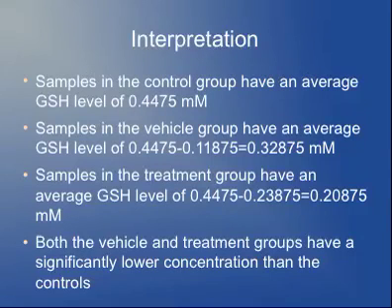Basically, as I went over before, the control group will have a mean GSH level of 0.4475, which corresponds to the coefficient for the intercept. Samples in the vehicle group have a GSH level of 0.4475 minus 0.11875, and in the treatment group it's 0.4475 minus 0.23875, and both groups have a significantly lower concentration than the controls.